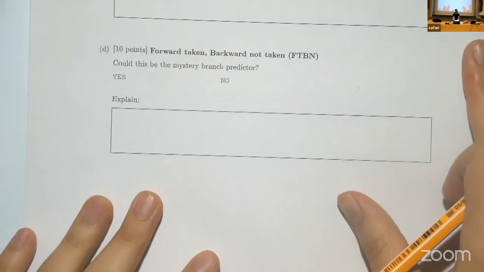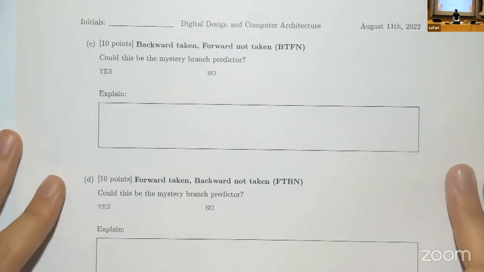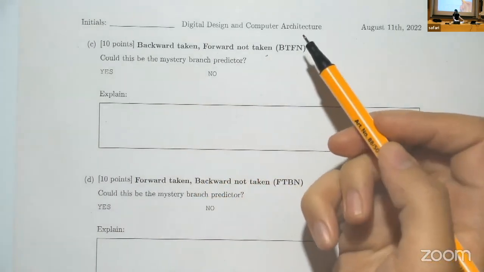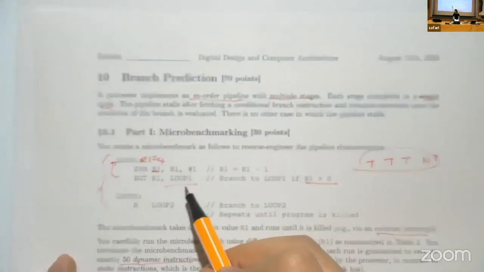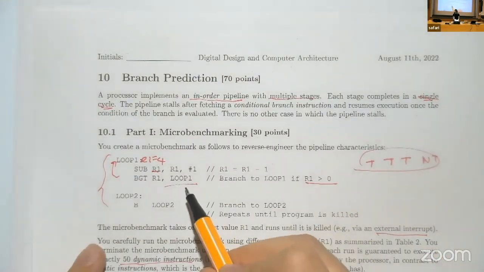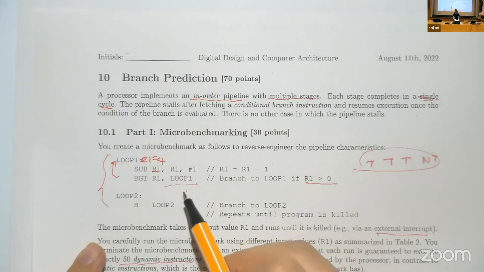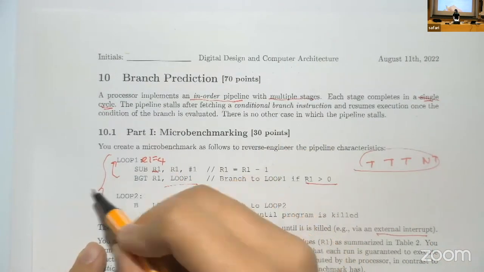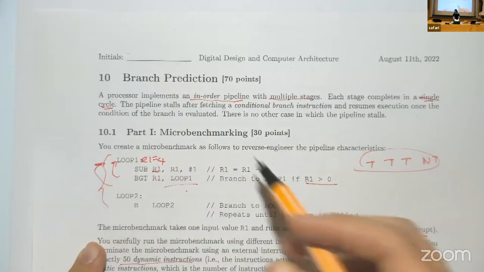And for C, we have backward taken, forward not taken. For this one, we again need to go back to the code. For this loop, the target, the destination of this, is backwards.